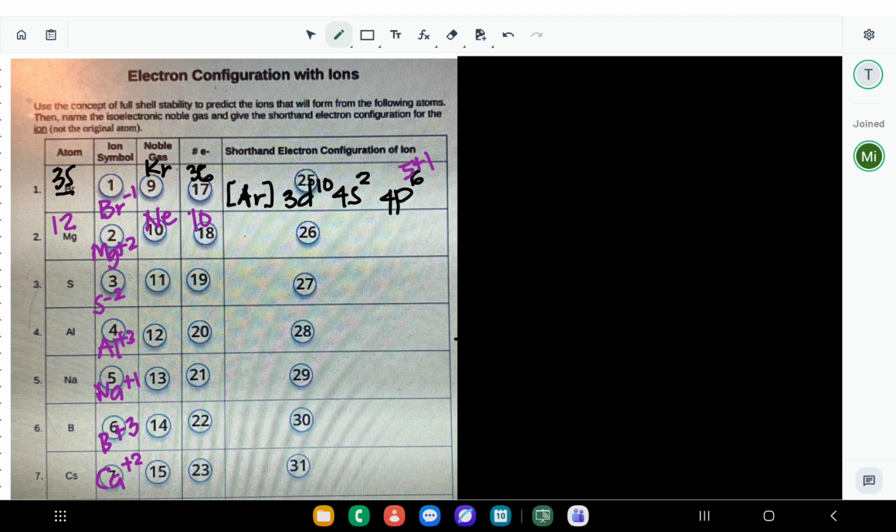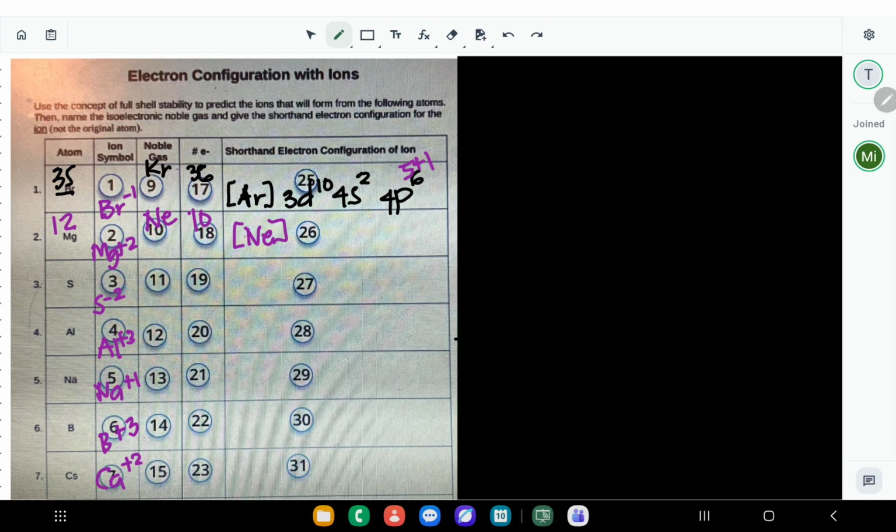We will use neon here because neon is the noble gas right before magnesium, and it also happens that neon is the noble gas when we subtract 2 electrons. 12 minus 2: 1s2, 2s2, 2p6, so that is already neon, and we subtract 2, so we answer only neon.